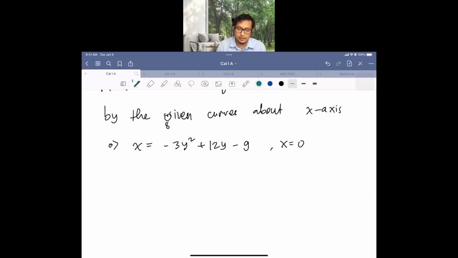So we find the roots. Oh, wait, why negative 12? Negative 4. 4y. Okay.